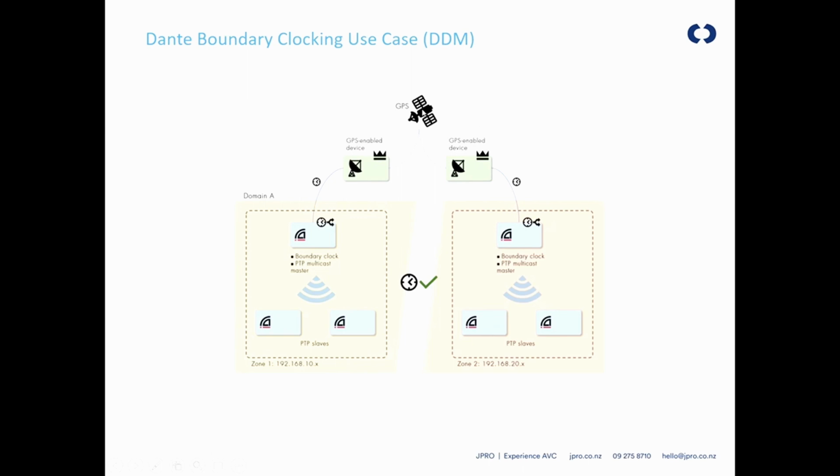Where it gets used in DDM in a very interesting way is that you can use these boundary clocks to do GPS clocking so that you can separate Dante systems by land or by very large distances. So if I wanted to do a DDM system that operates between New Zealand and Australia, a Dante system, I can use GPS clocking and I can transfer Dante over a VPN or some sort of private network.